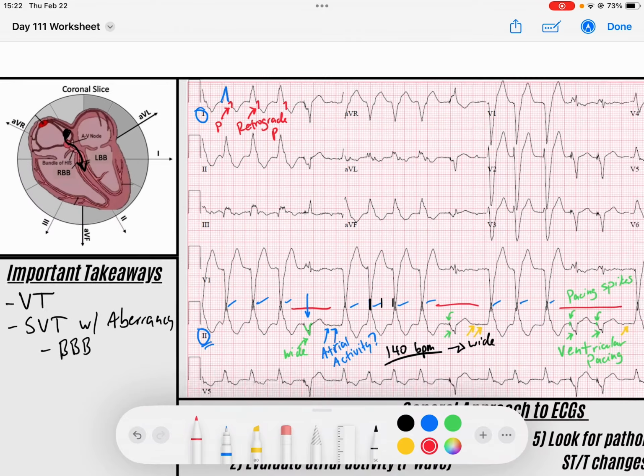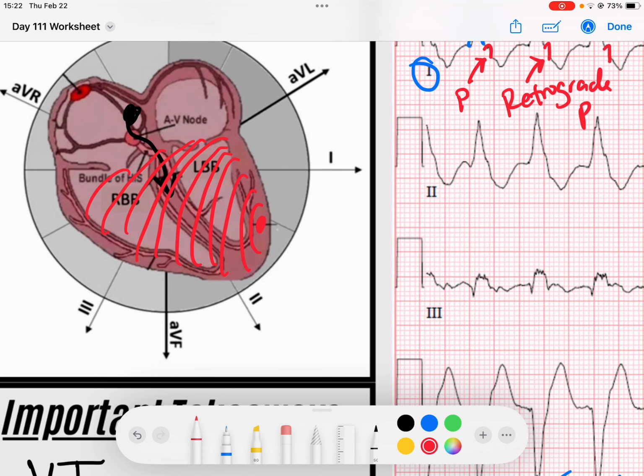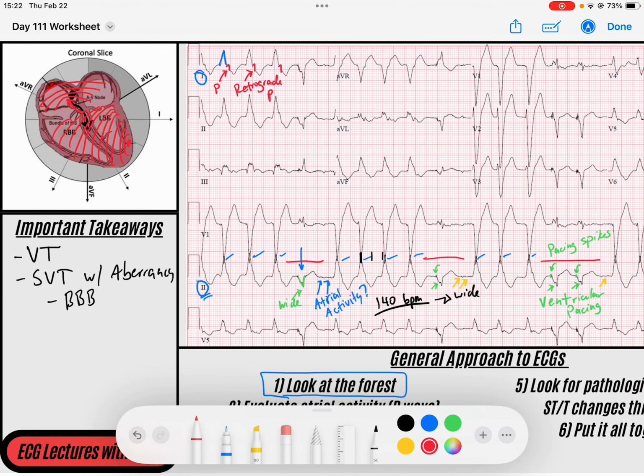Remember that sometimes if you've got a ventricular rhythm that depolarizes through the ventricles, and we know that if it's a ventricular rhythm, it's going to be wide complex because it's not taking our His-Purkinje system. Some people actually have the ability in their AV node to send that signal retrograde, and so after you see that QRS, you will see a retrograde P wave representing retrograde atrial depolarization, right?